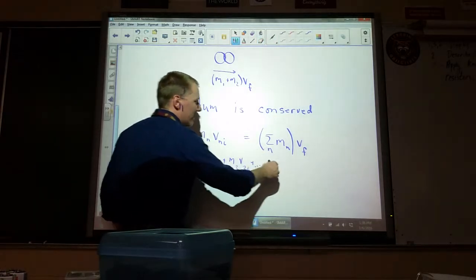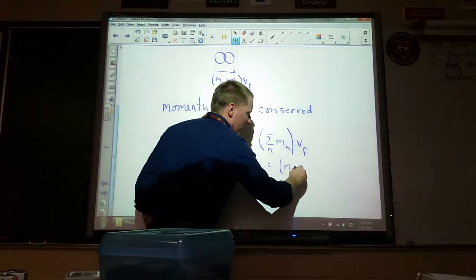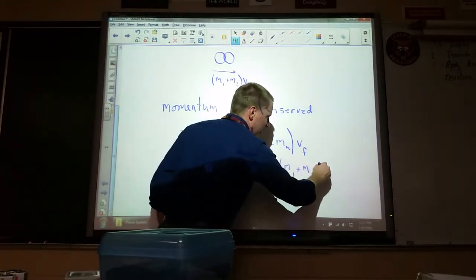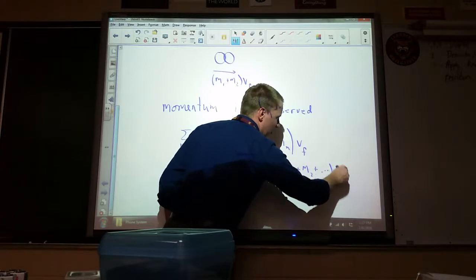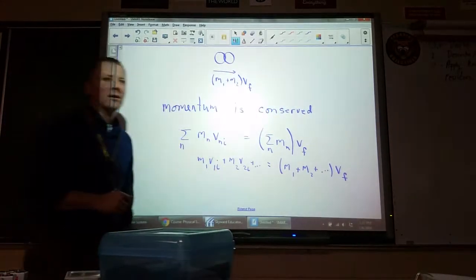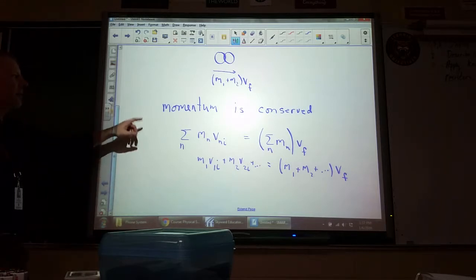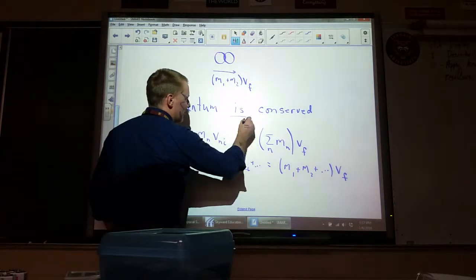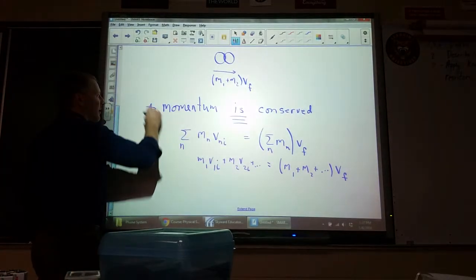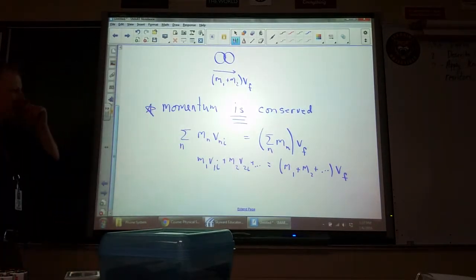And then over here, it's all of these masses, M1 plus M2 plus all of them, times whatever their final velocity is. And so you could have two. We're going to keep it to 2, maybe 3 on a homework problem, but I don't want to stress you out too much because it just gets long and doesn't really aid in learning. So momentum, though, is conserved. And this is what we can say because of that.